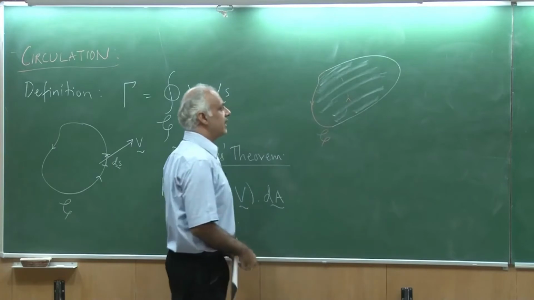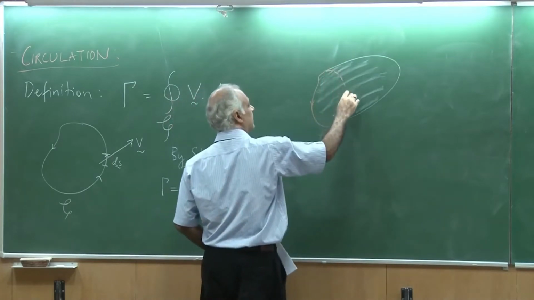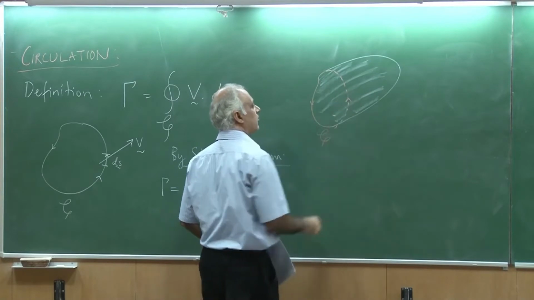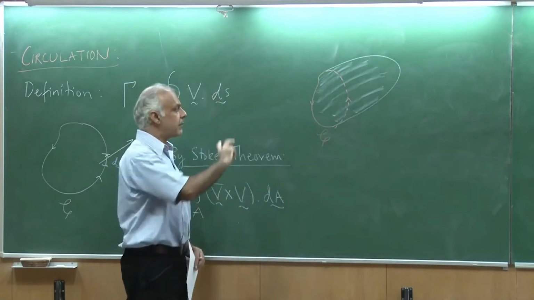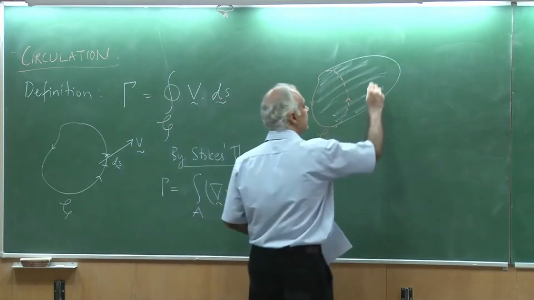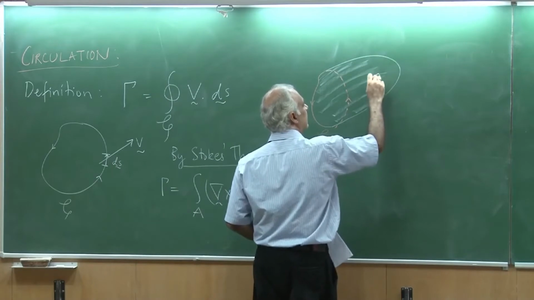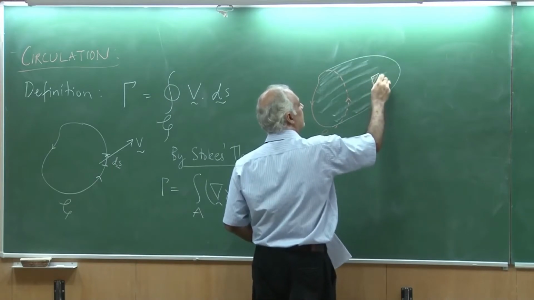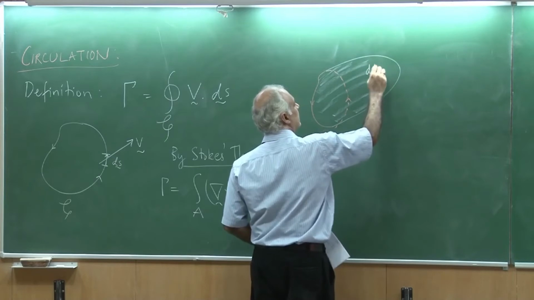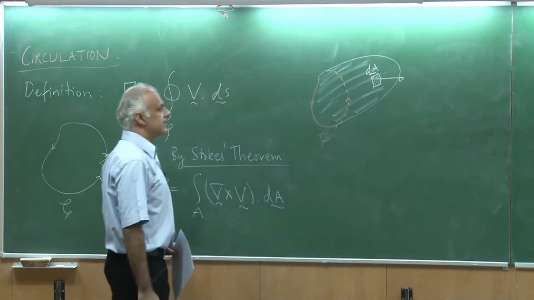Okay, so this is some kind of a surface, and you can imagine that this surface is capping this area, and what is being said is that I can take this little curved element here, which is dA, and it has a unit normal vector.